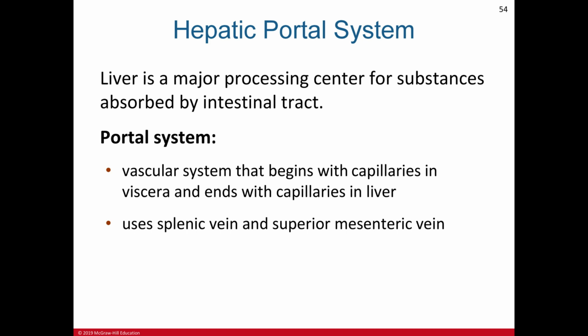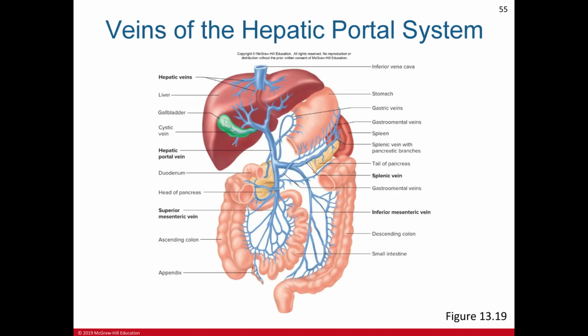The portal system is a vascular system that begins with the capillaries in the viscera or the organs near it and ends with the capillaries in the liver, to filter all the nutrients and molecules that have been absorbed and brought by the capillaries to your liver. It uses the splenic vein and superior mesenteric vein.